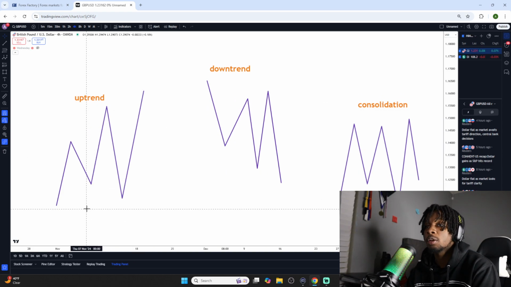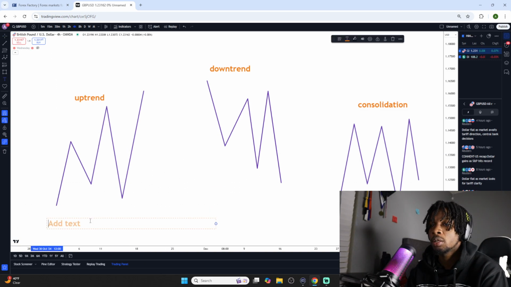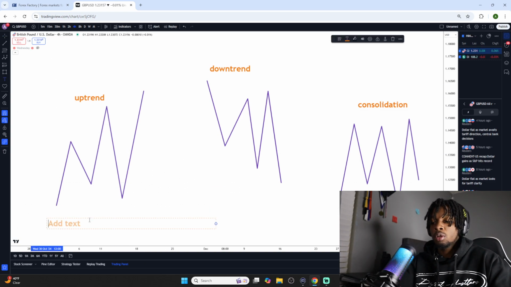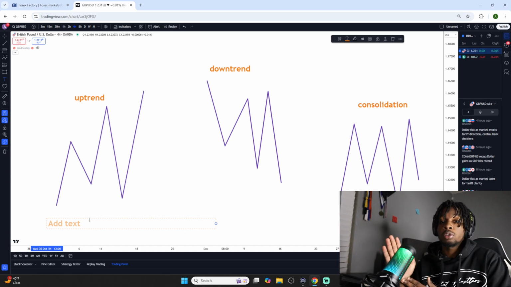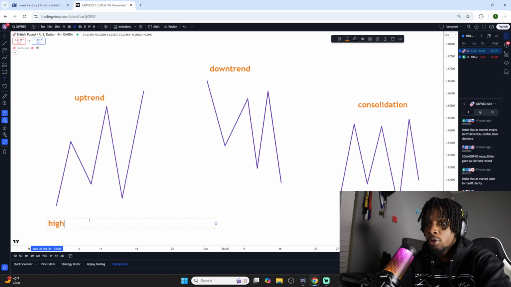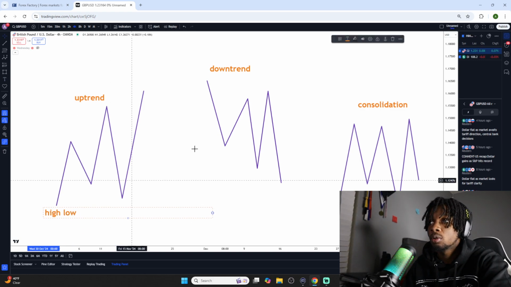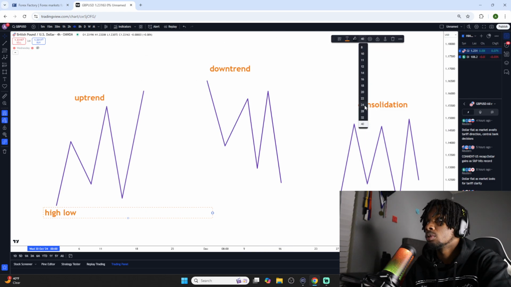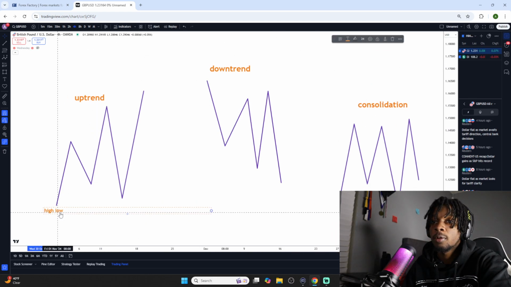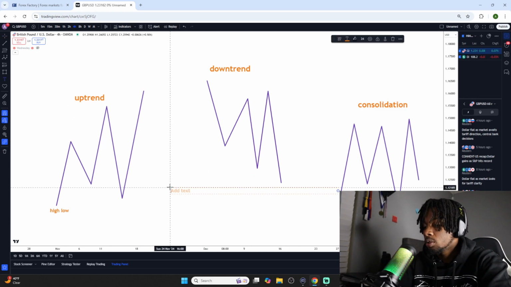Now, this may be confusing to some people when you first start, but the way that I explained it to my mentee was, look, just put whatever trend you're on first. So let's say that I'm on an uptrend, as y'all can see here, right? I'm going to put high first, and I'm going to put low, right? Because I'm in a higher low right here. Make these smaller. All right, that's better. So now up here, I'm obviously, like I said, once again, on an uptrend. So it's a high.